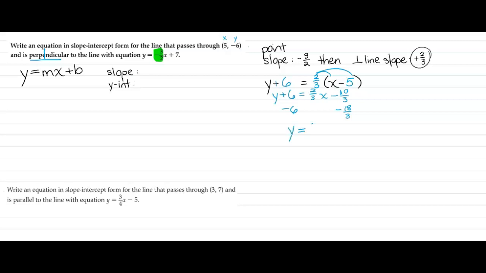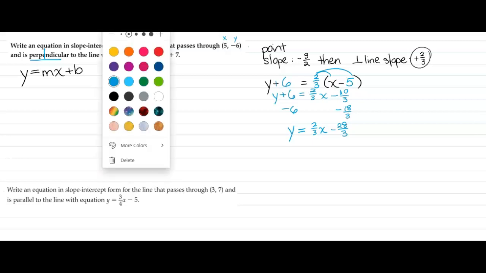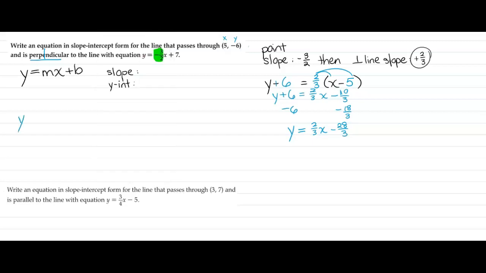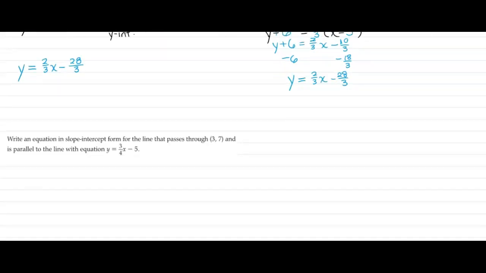So y equals 2/3 x minus 28/3. That is my slope-intercept form. That is what I could have written right here. 2/3 x minus 28 over 3.